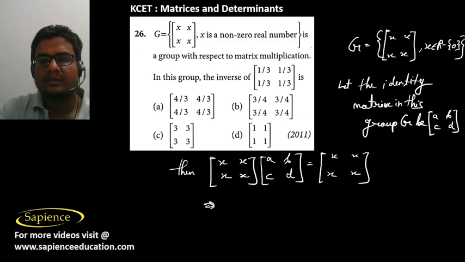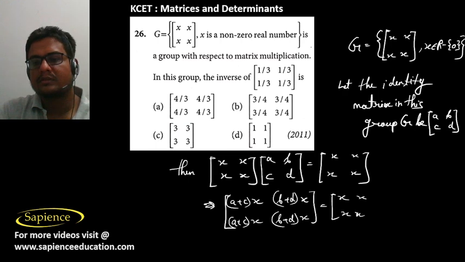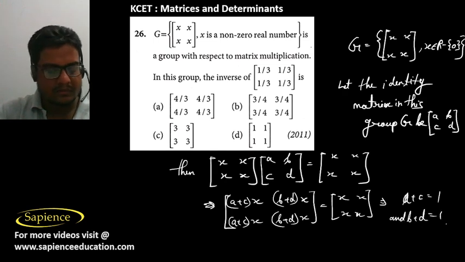So this is (A plus C) into X, and this will be (B plus D) into X. Then this will again be (A plus C) into X, and (B plus D) into X, which is equal to [X, X; X, X]. So A plus C should be equal to 1, and B plus D should also be equal to 1.